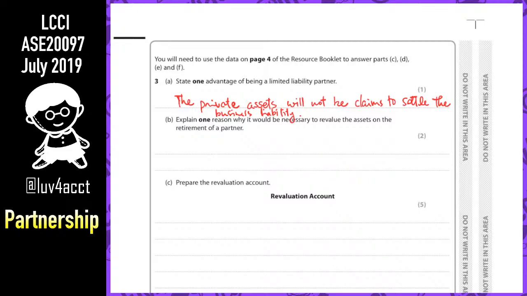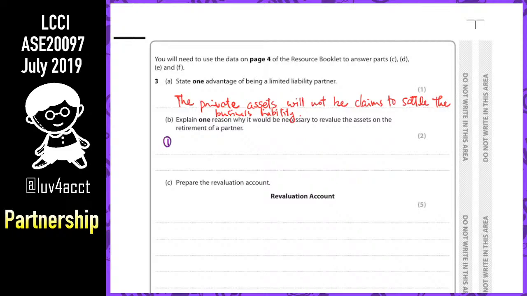Okay, so part B, explain one reason why it would be necessary to revalue the asset on the retirement of a partner. So you can have different ways to answer this question.